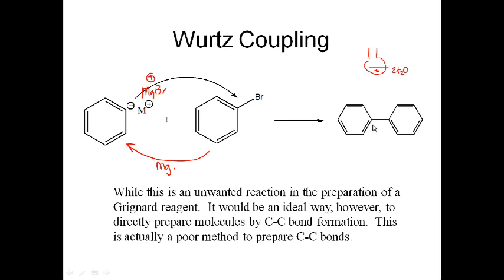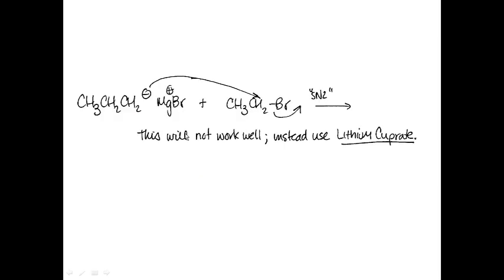Couldn't I make my Grignard, but then react it with an alkyl halide, like an SN2 reaction, which it actually wouldn't be if it occurred. It would be one of those single electron transfer reactions that undergo free radical mechanisms, and that's beyond the scope of the course. But you might say this would be a great reaction to form a carbon-carbon bond, in essence an SN2 reaction, with the nucleophile coming in and kicking off the bromine.